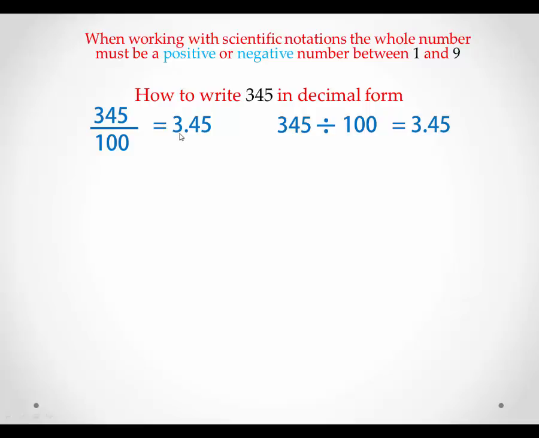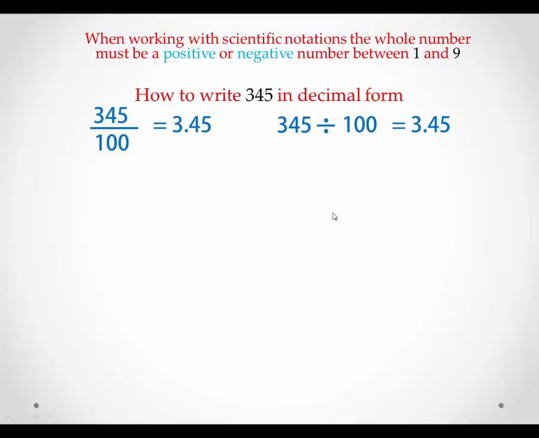Please note that, based upon what we have said before, when working with scientific notation, the whole number must be a positive or a negative number between 1 and 9. That is the reason why we chose 100, so that we can get this positive whole number to be between 1 and 9.